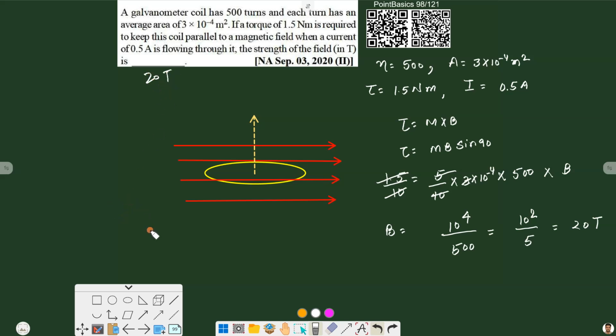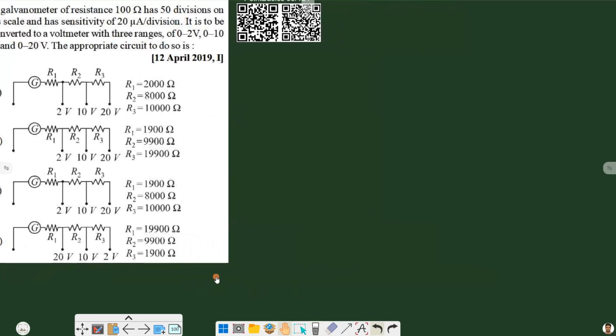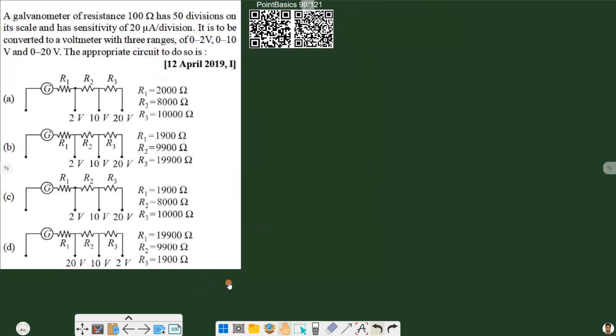Moving to the next one. So a galvanometer of resistance 100 ohm and 50 divisions on its scale. First let me slide it down so that I have sufficient space.